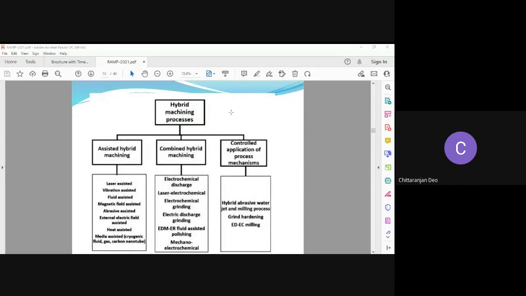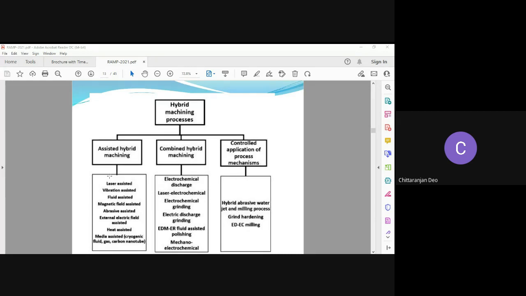So here you can see the classification of hybrid machining processes, or assisted hybrid machining processes. Under this are laser assisted, vibration assisted, fluid assisted, magnetic field assisted. So several different processes are there to assist the metal removal.